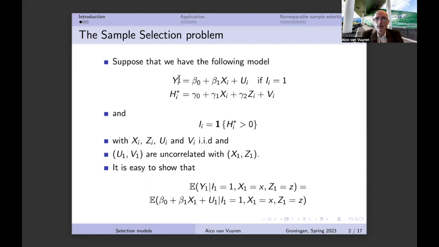Remember that we already looked many times before at the relationship between the log wages of somebody and the characteristics of that particular individual, the so-called human capital characteristics.